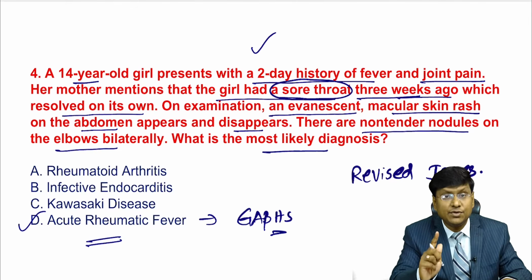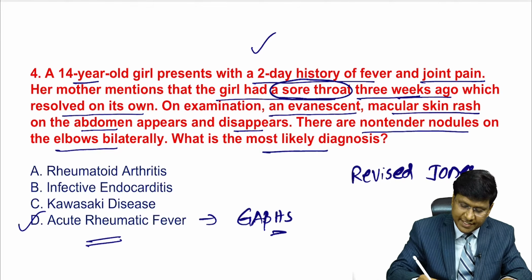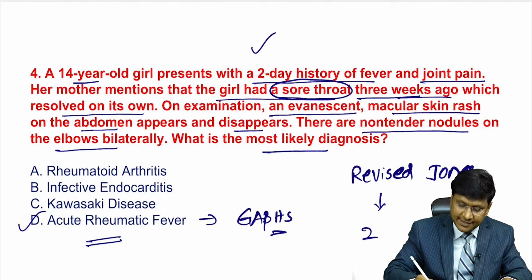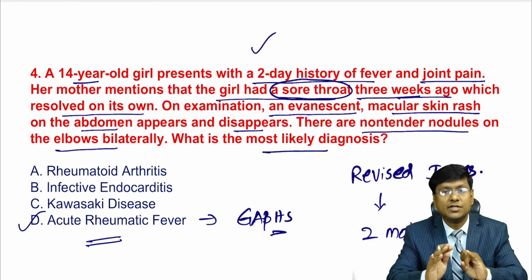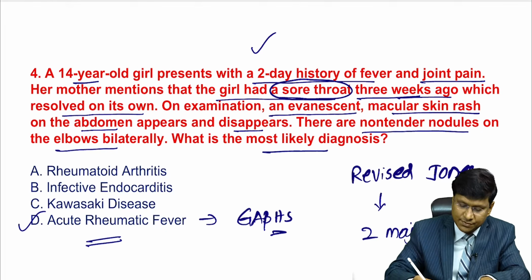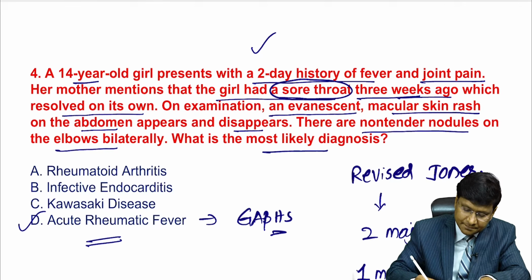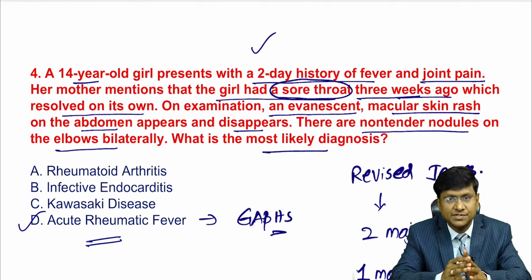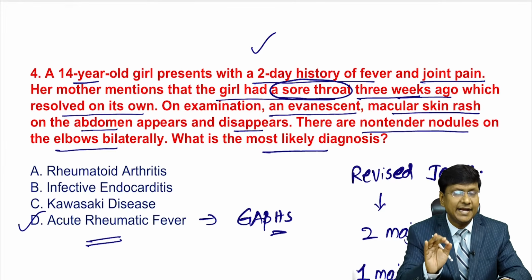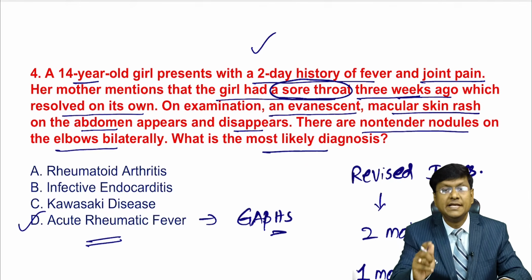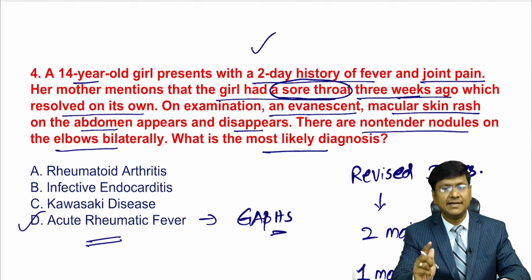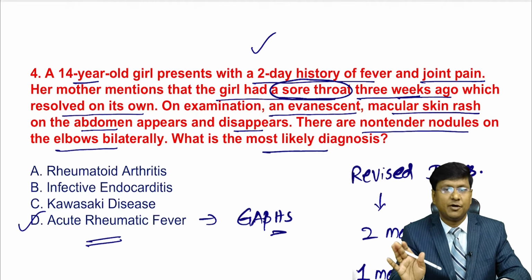According to the revised Jones criteria, what is required for the diagnosis is the presence of 2 major manifestations, or 1 major plus 2 minor manifestations. These indicate a high probability of an initial acute rheumatic fever illness in any risk population.